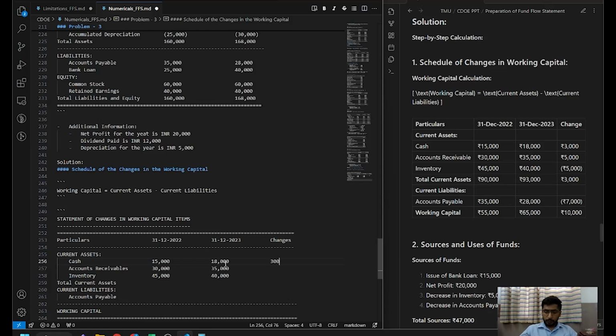Marking a change of 3,000 positive. Then here marking a change of 5,000 positive, and here marking a change of 5,000 negative. Making my total current assets 90,000, 93,000, a 3,000 increase.